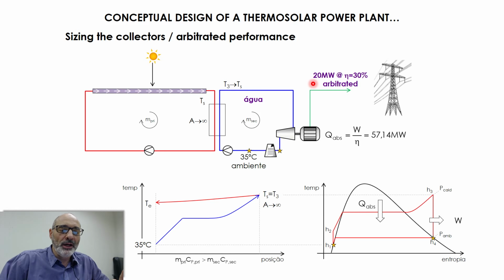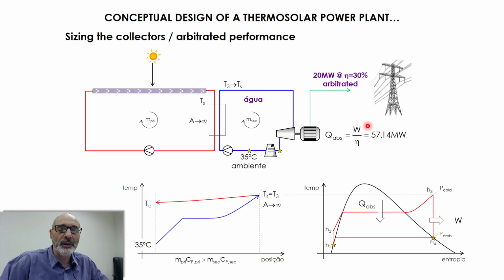Well, so I justified already why the surplus power is fixed and why the efficiency is fixed. If I know the surplus power and the efficiency, I can calculate the amount of heat absorbed here, Q absorbed, because this is the definition of efficiency.